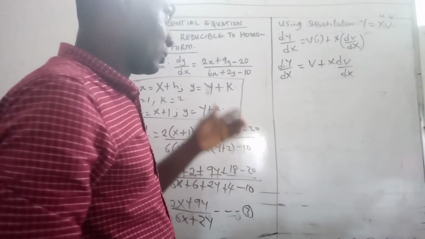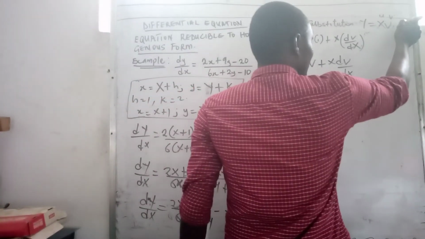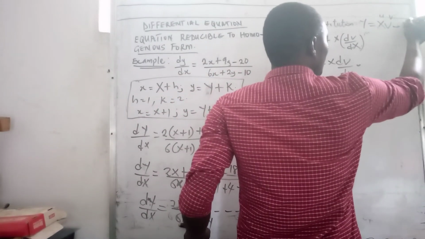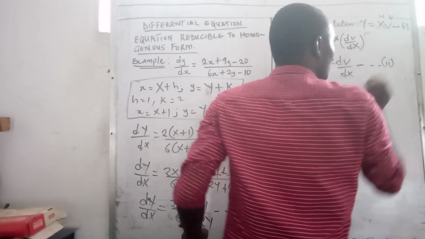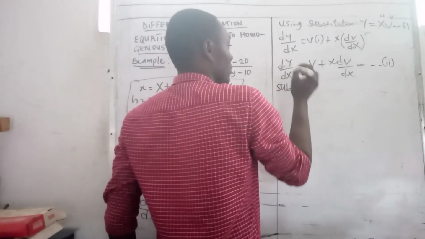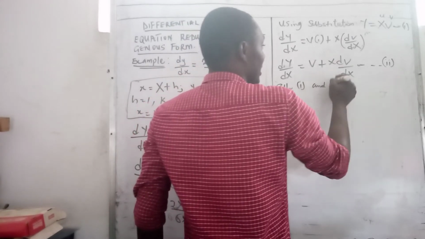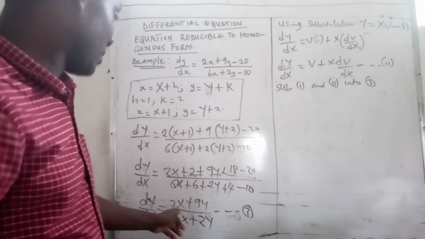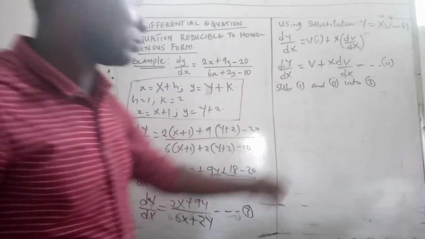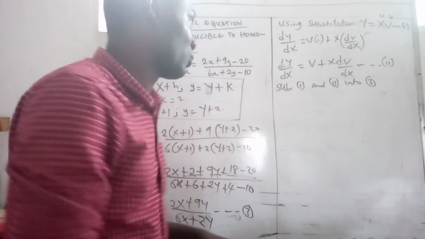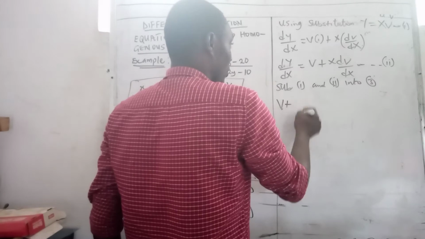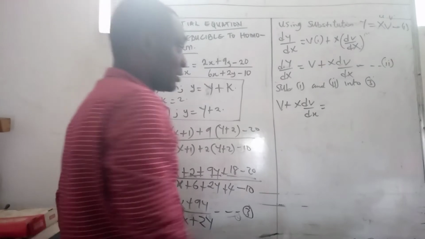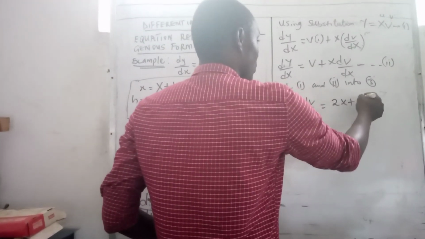So what do we do? Now we are going to substitute this and this into equation 3. So let me call this equation I, and I'll call this equation II. So substitute equation I and II into equation 3. So this is my equation 3. So dY/dX is v plus x dv/dx. So I'm going to have v plus x dv/dx equals 2x plus 9y.